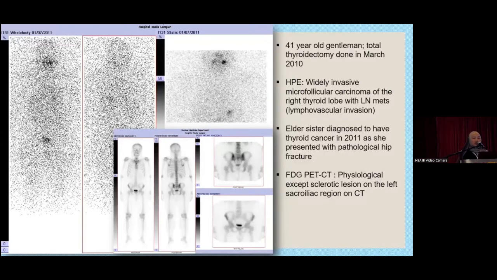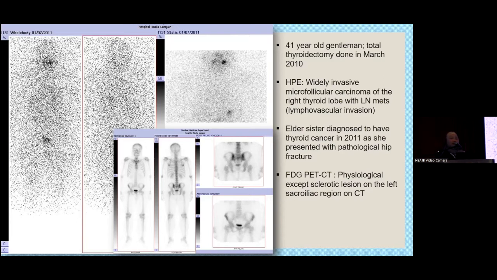So he came to us for a second radioiodine therapy somewhere in 2011, and it was shown to be physiological. So with that, the TG level is a bit on the high side, which is more than 300. At that time, our TG monitoring also is not as good as the current situation.